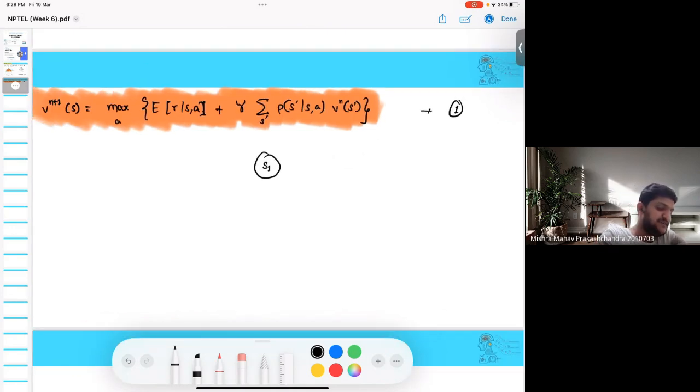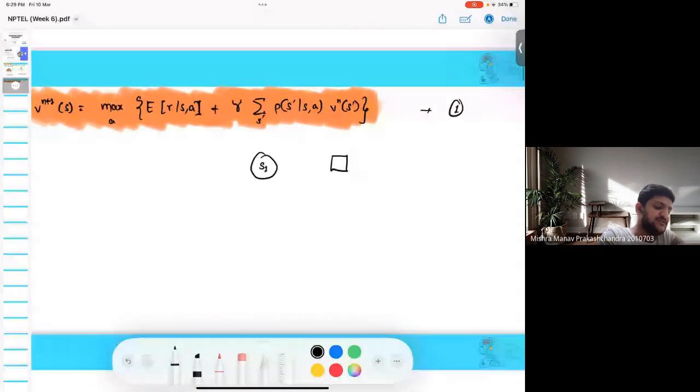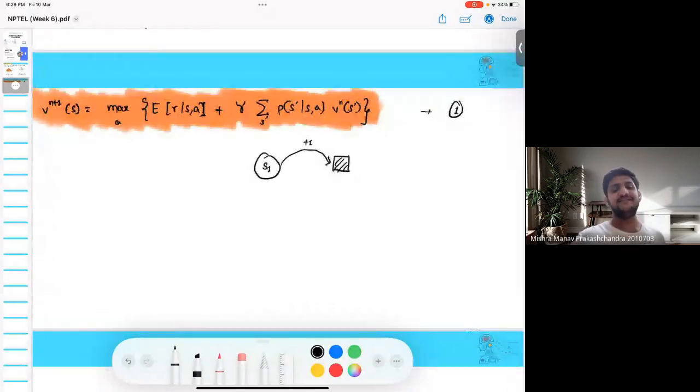Because I'm looking at a deterministic action, there's only one particular action that I can take. Let's say it gives me a reward of +1, and I end up at the terminal state. Okay, so what this equation tells me is that since the value function for a terminal state is inherently zero.